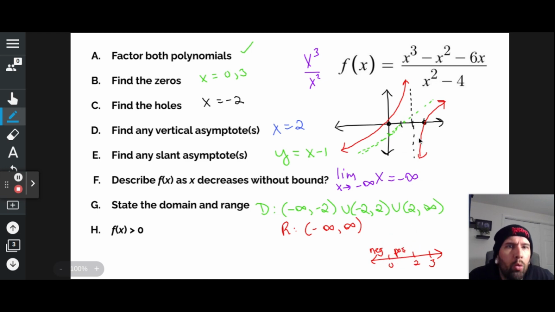From 2 to 3, we are negative. And from 3 on, we are positive. I care about where this is positive. So I'm going to say my positive numbers are going to be between 0 and 2, but not including, union, and from 3 on.